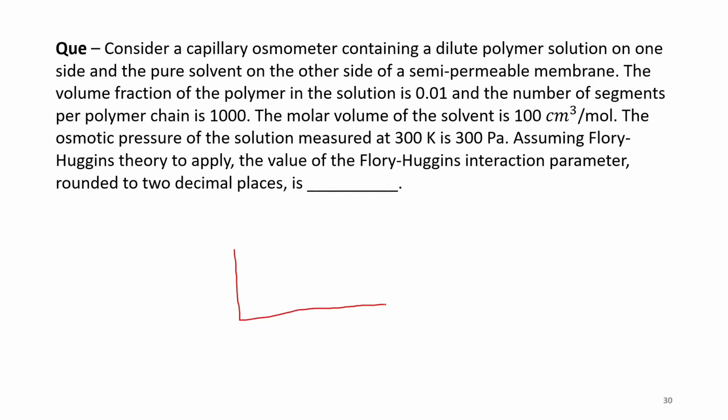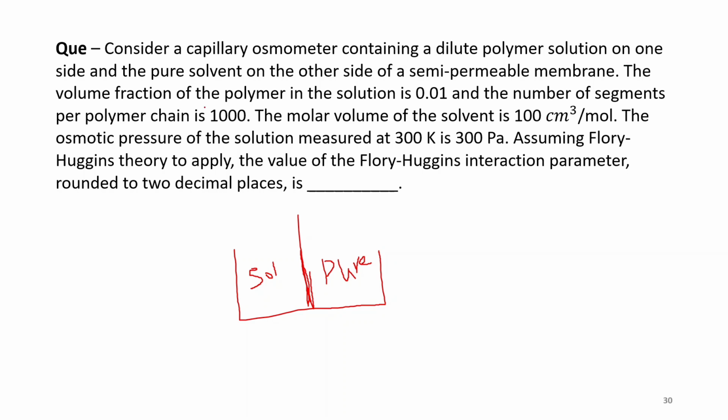We have this capillary osmometer, and on one side it is the dilute polymer solution, and on the other side it is just the pure solvent, and they are separated by a semi-permeable layer in between them.